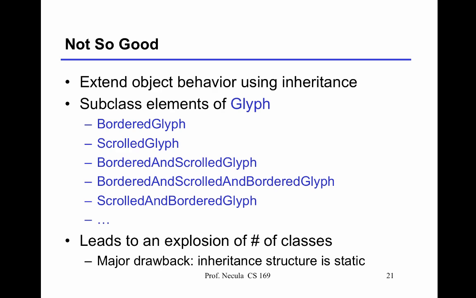So you could construct a bordered glyph, and then everywhere a glyph is used, you could use a bordered glyph. Or a scrolled glyph, this would add a scroll bar. But you run into the difficulty here. If you want to put a border first and a scroll bar outside, what would you create, this bordered and scroll glyph? It starts to look funny. Or this is even funnier. And this is the other way of putting the scroll bar inside the border.